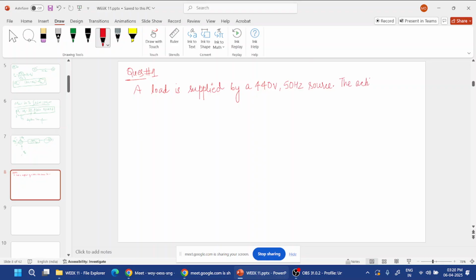The active power P and reactive power Q consumed by the load are such that P varies from 12 to 50 and Q varies from 7 to 10.